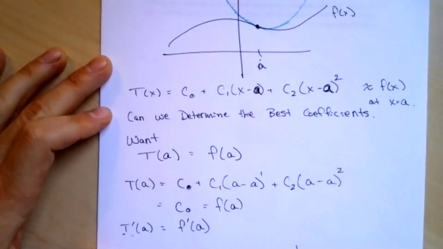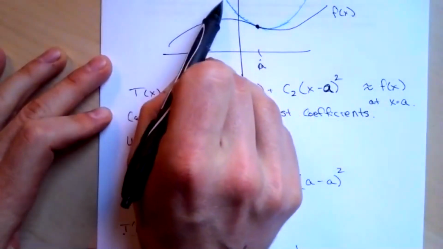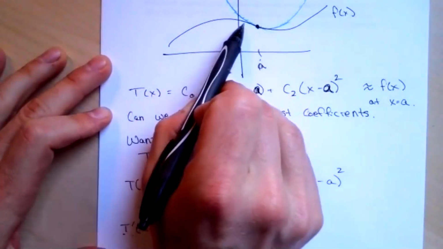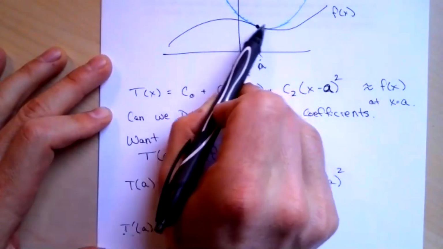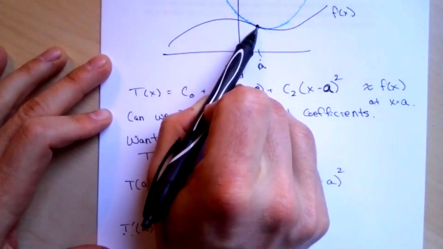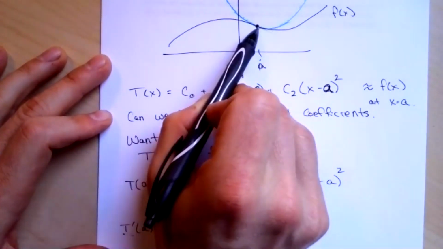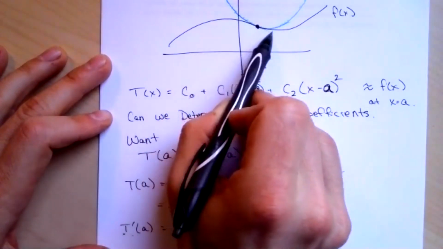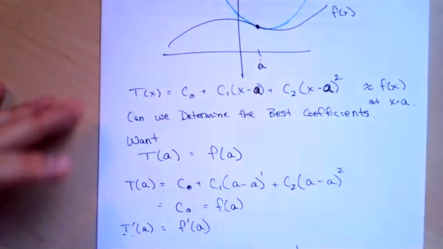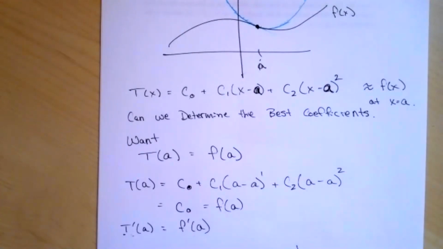If we want the second derivatives to match, which would give us the same concavity at this point, so having the same rate of change and having the same concavity, starting from that same point, is going to give us a very accurate representation and a very accurate way of approximating the function within perhaps a bigger range than we would with just the tangent line.